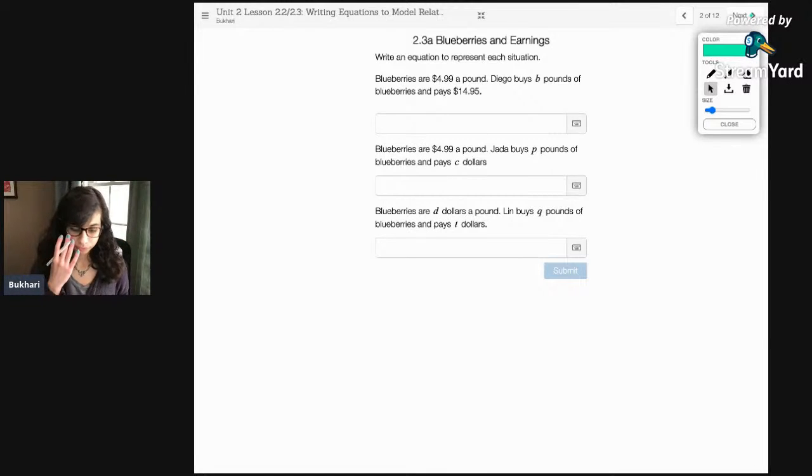And so we can look at, all right, we're talking about blueberries, $4.99 per pound. And if he buys B pounds of it, and all of that equals $14.95, right? Slowly start to break up your equation.